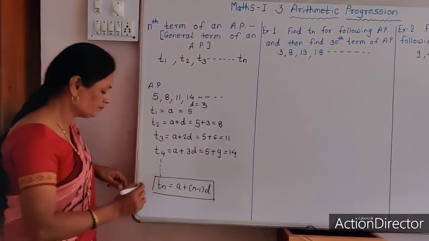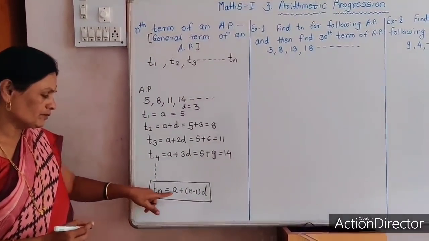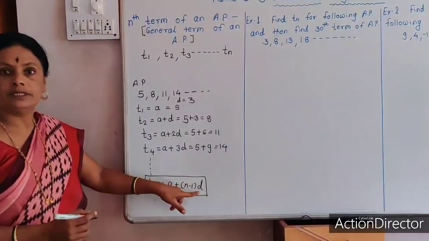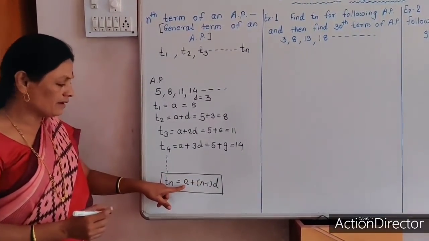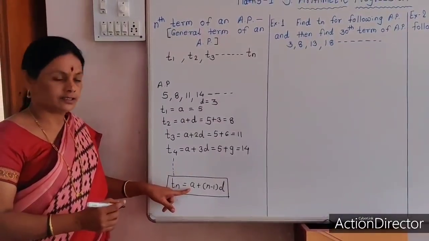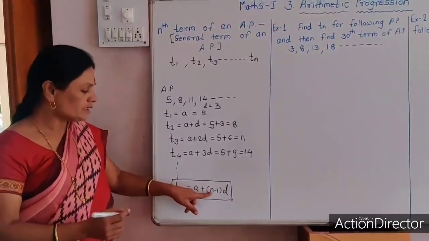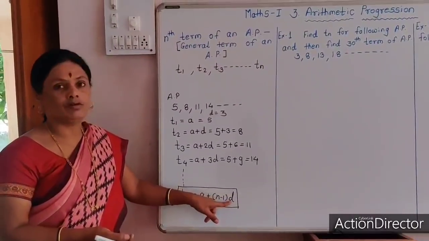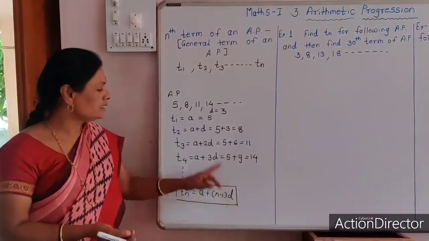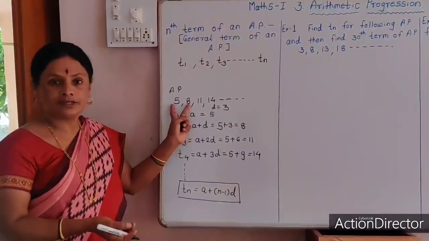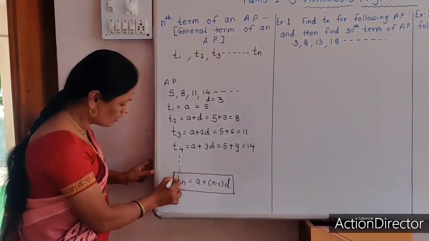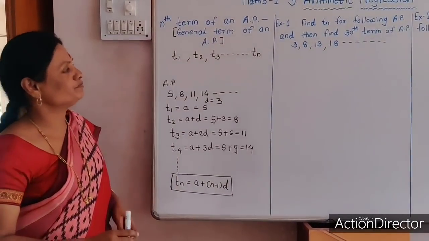Tn is equal to A plus n minus 1 into D. In this formula, A is the first term, n is the number of terms, and D is the common difference, that is the difference between two consecutive terms. Using this formula, we solve some examples.